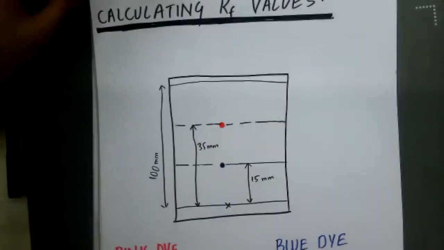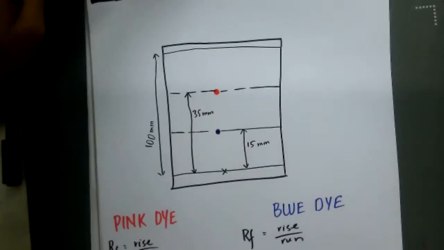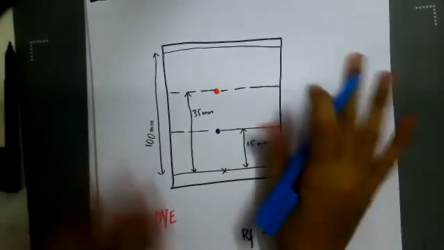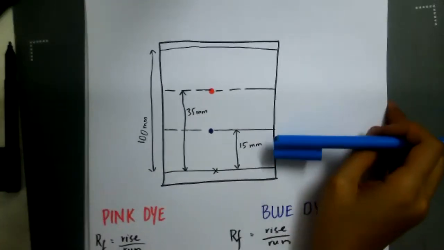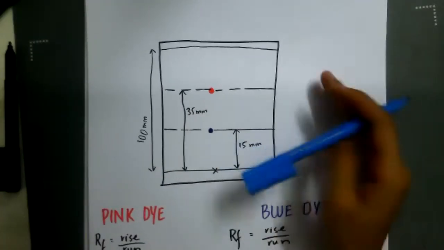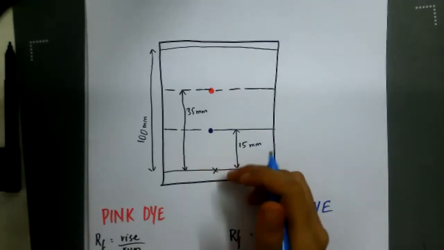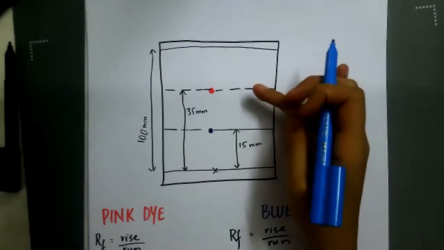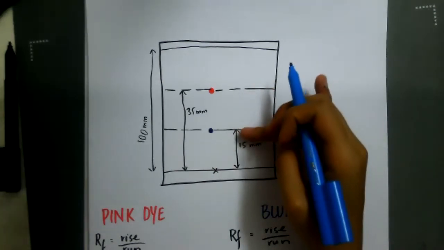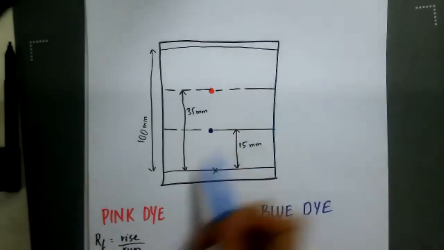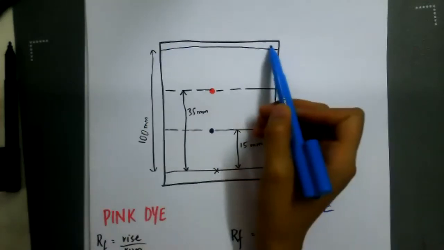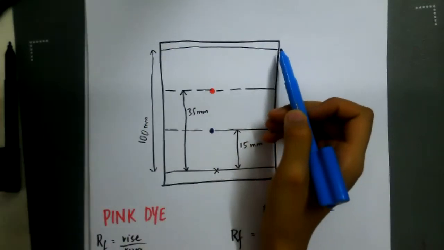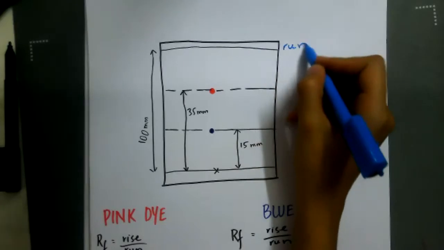So how do we calculate the RF values? If this is my chromatogram, I've just carried out chromatography, and the black ink that I used has separated into this pink dye and this blue dye. And I drew a pencil line on the solvent front, which is my run.